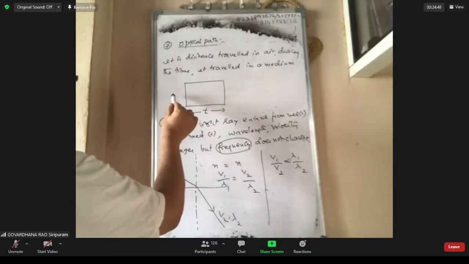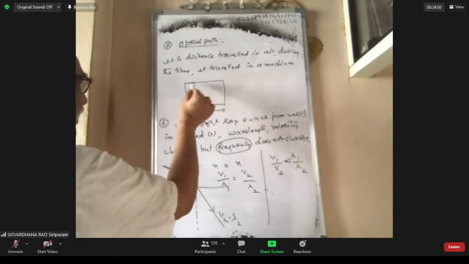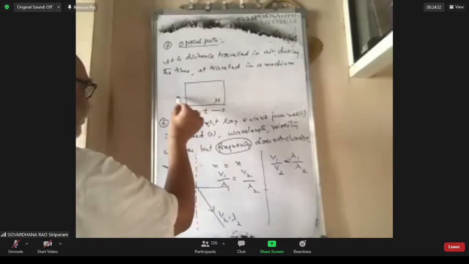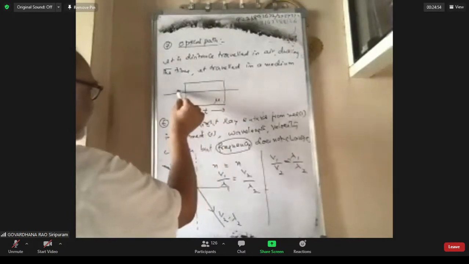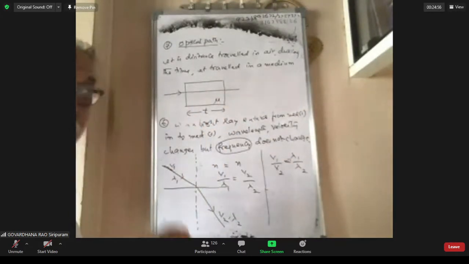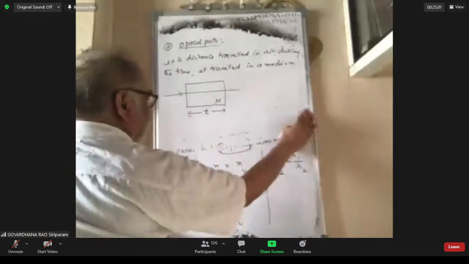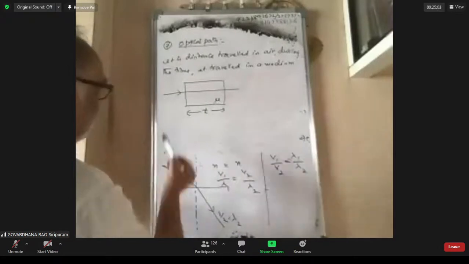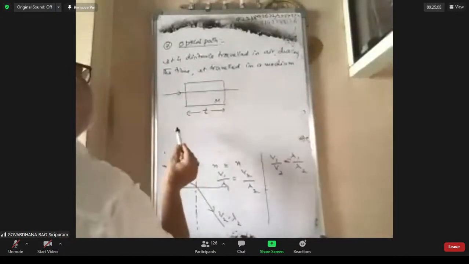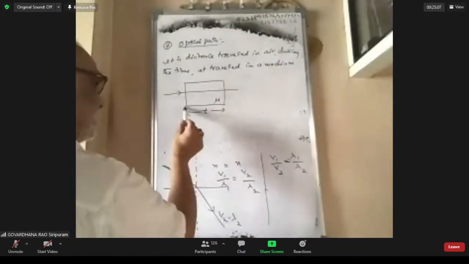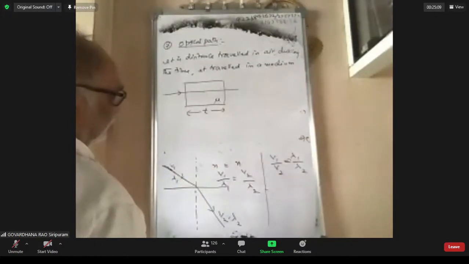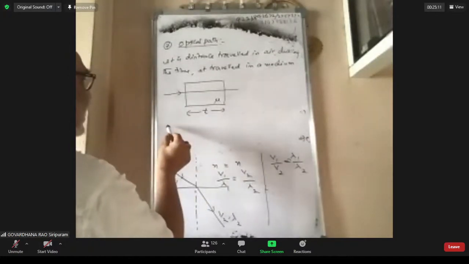Light enters through a medium of refractive index mu. So when a light ray is passing through a medium, the thickness of the medium is T. What is the time taken?